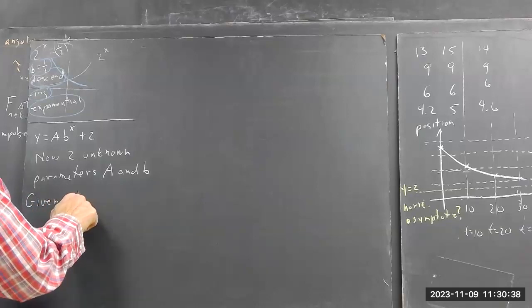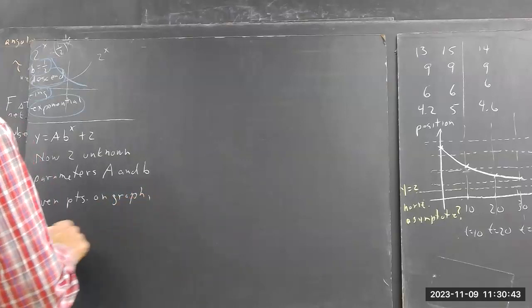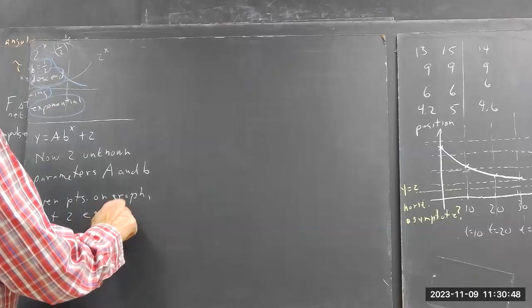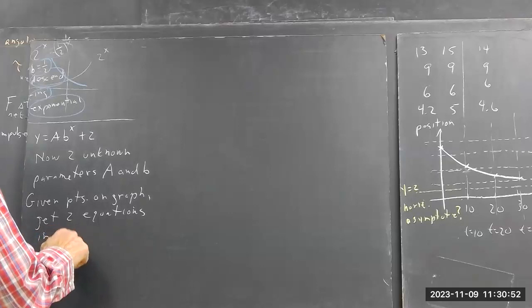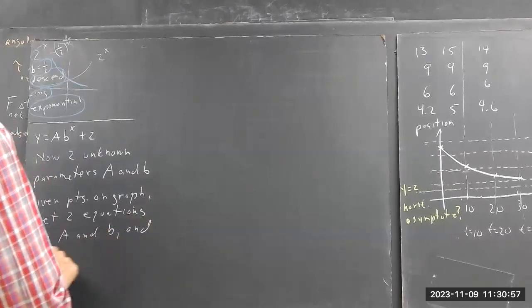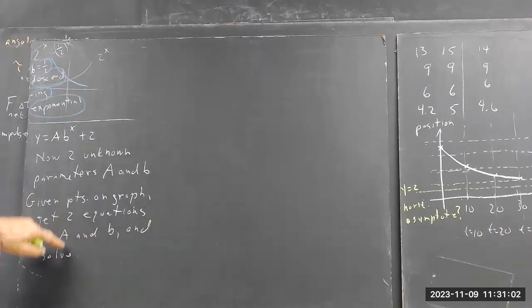I'm going to say given 2 points on the graph, we're going to be able to get two equations in A and B, and we're going to solve them. Turns out, even though there's an exponential function involved, it's not difficult to solve these equations.